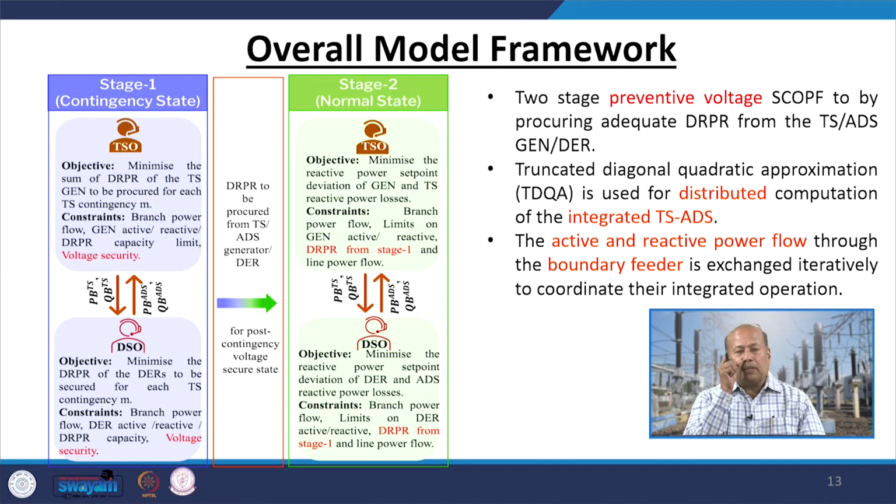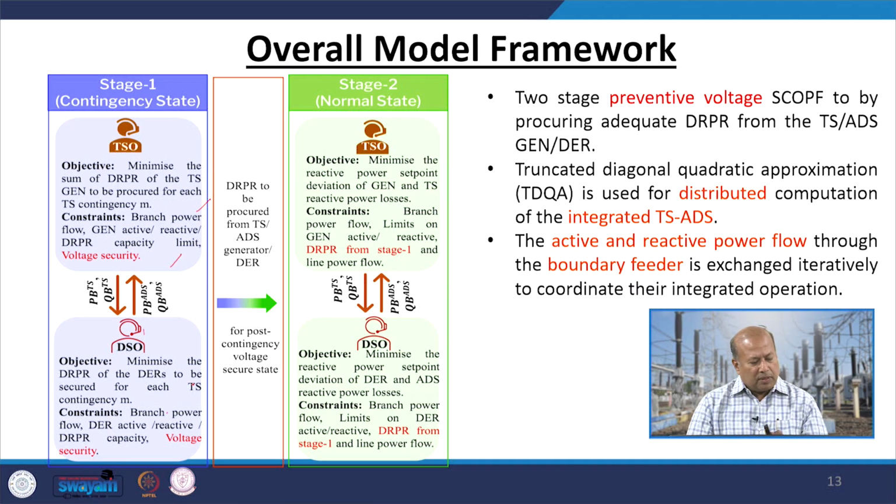Once the security constrained optimal power flow solutions are available to me, then we can move to the overall model framework, where you could see that in case of stage 1, which minimizes the sum of DRPR of the TS generator to be procured for each transmission system contingency with constraints of branch power flow, generation active reactive DRPR capacity limit, and then there is the exchange from TSO-DSO interaction.